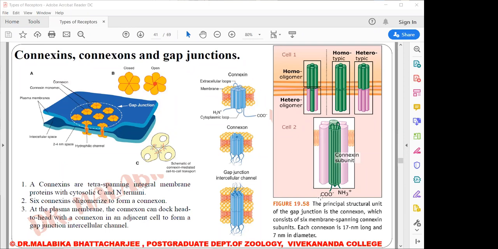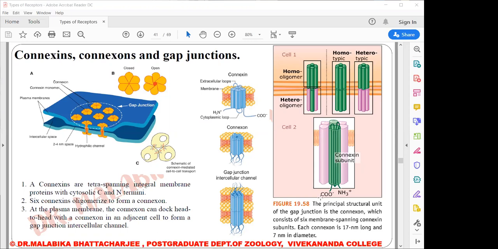They prevent larger molecules such as proteins, nucleic acids, and polysaccharides from being transferred. But certain signaling messengers like inositol trisphosphate, IP3, then we have adenosine monophosphate, adenosine triphosphate, and cyclic adenosine monophosphate. These molecules also can pass through gap junctions.